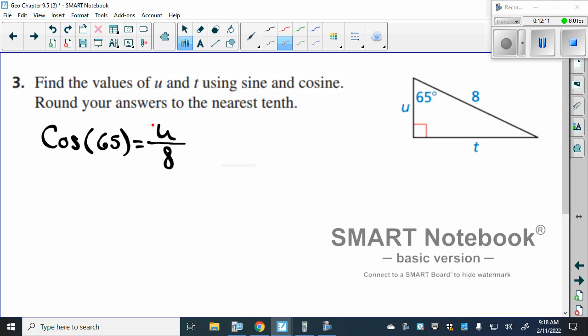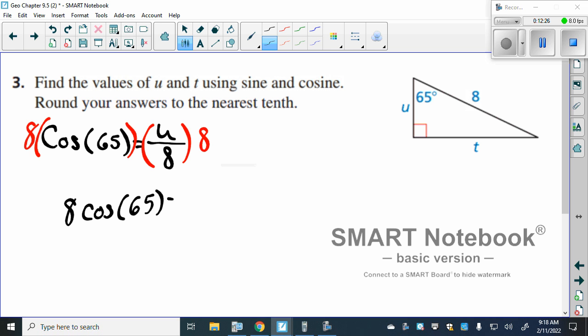And after we set it up, we're going to multiply by 8 so that we get the variable by itself. So that'll tell us that we have 8 cosine of 65 is equal to u.